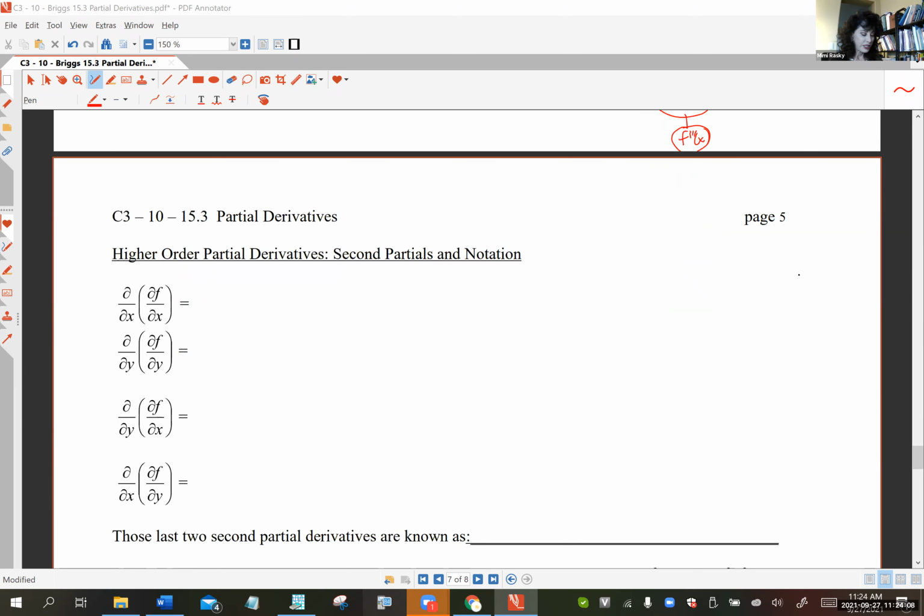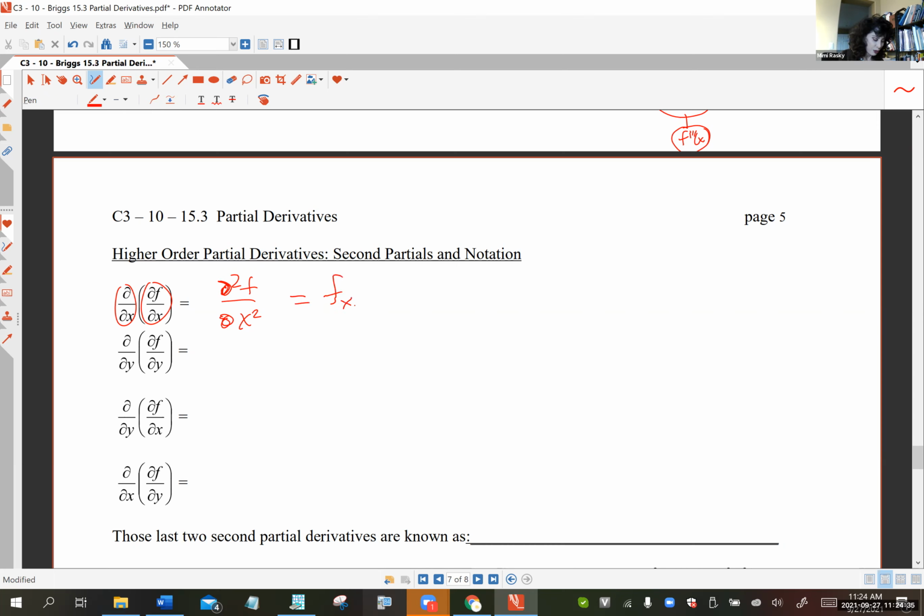Okay, so let's do the notation first. When you have your df dx, and then somebody says, well, I want you to take the derivative of that with respect to x. It looks like d squared f over dx squared. And again, those d's have curvy stems. And yes, it matters, curvy stems. That's one way to say, go find the first partial of f, then the second partial of f with respect to x, then with respect to x.